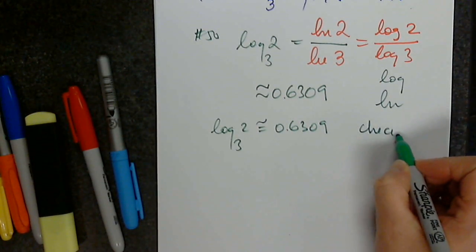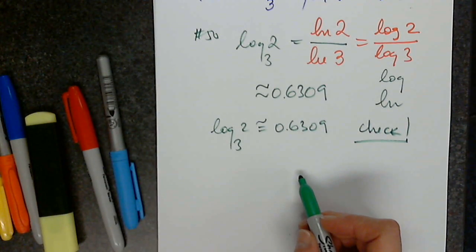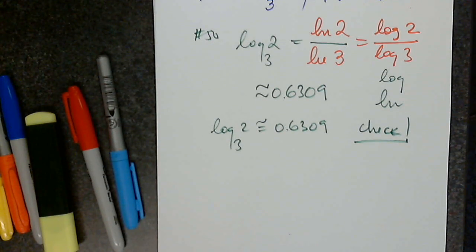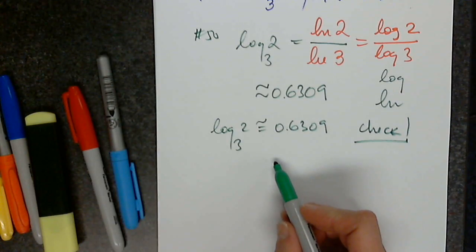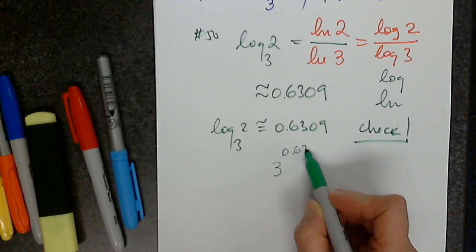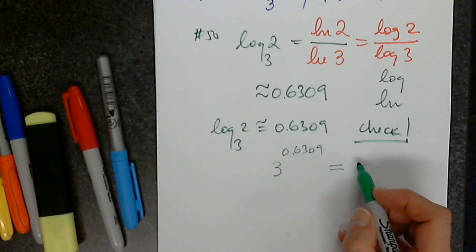How do I check this? It should be 3 to the power of 0.6309. Exactly. That must equal 2.